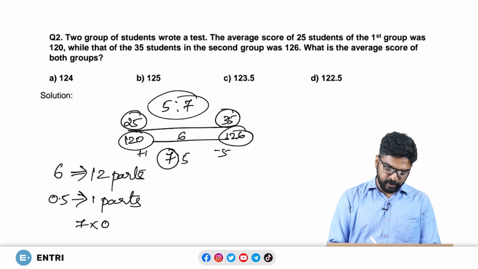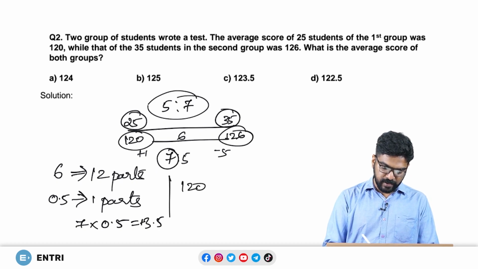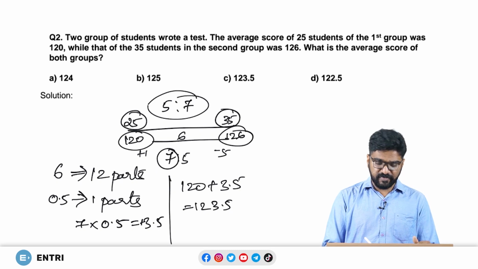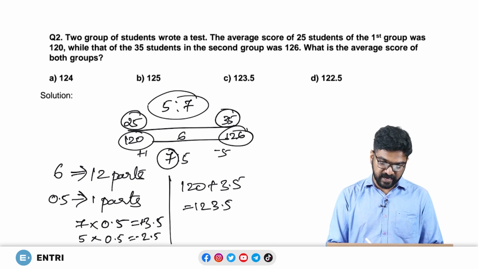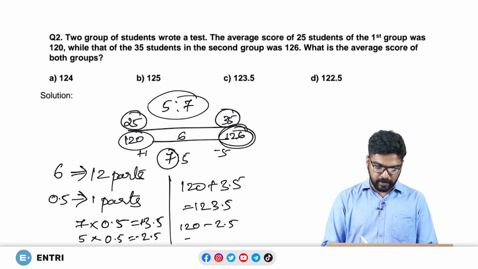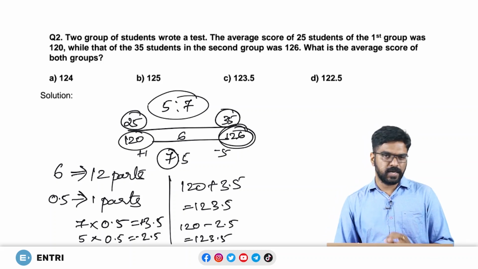It will be 7 into 0.5, which is equal to 3.5. So 120 plus 3.5 is equal to 123.5, or you can take from the other side. 5 parts will be equal to 2.5, but we should be subtracting this from the higher side. So 126 minus 2.5 is again equal to 123.5. You can take any one, you don't need to do both.